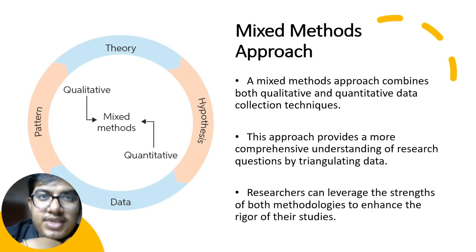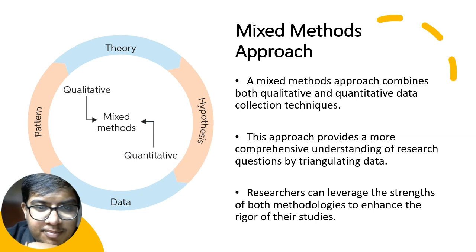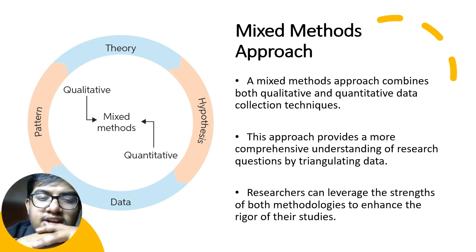Now, the mixed method approach. A mixed method approach combines both qualitative and quantitative data collection methods. It gives a more comprehensive understanding of the research questions by triangulating the data. Researchers can leverage the strengths of both methodologies to enhance the rigor of their studies.